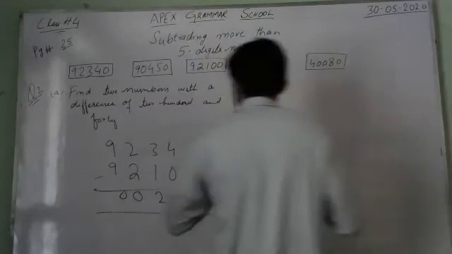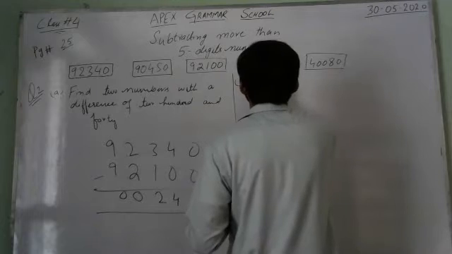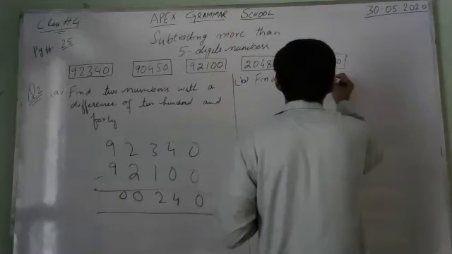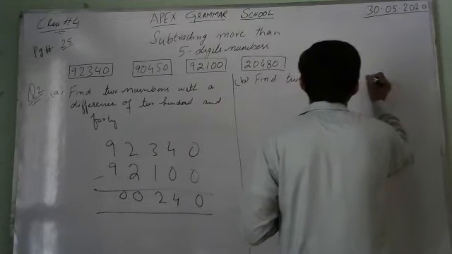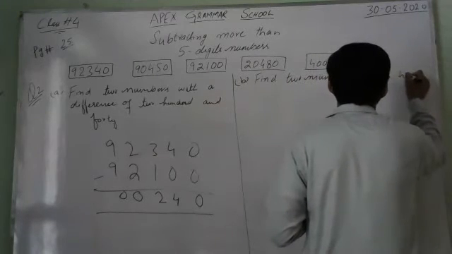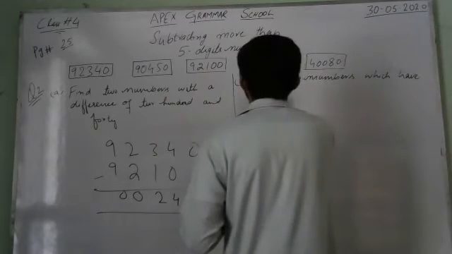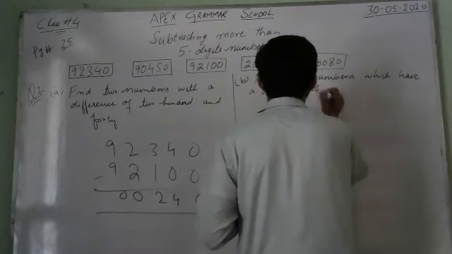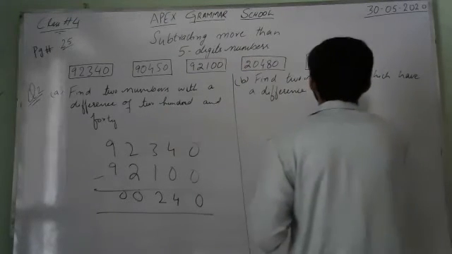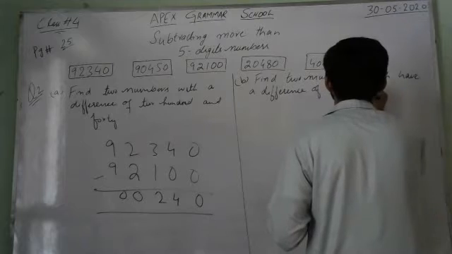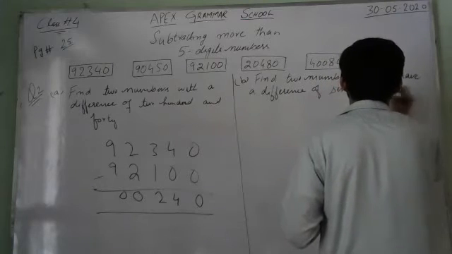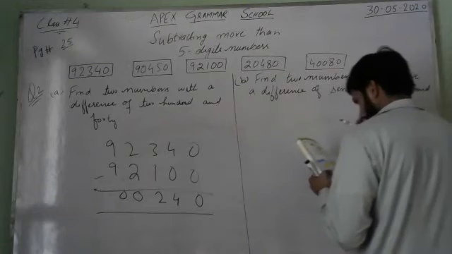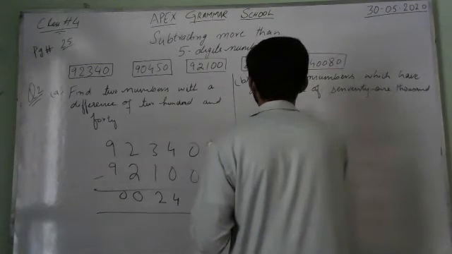Next question is find two numbers which have a difference of 71,860.